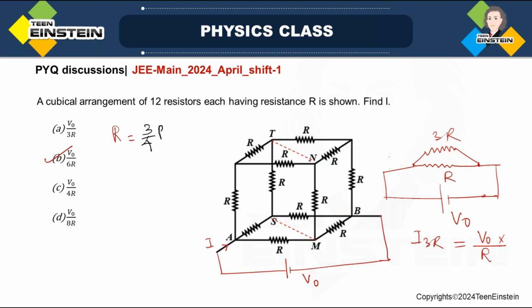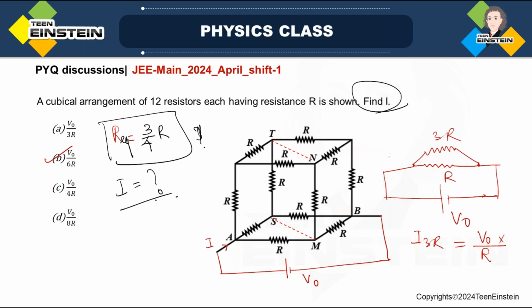This is very correct, and we have to find out what the current is. I'll cross check this and tell in the next class, maybe tomorrow, what the current is.